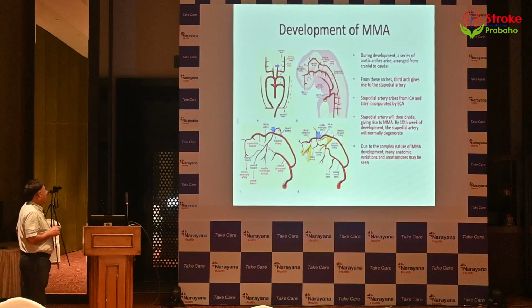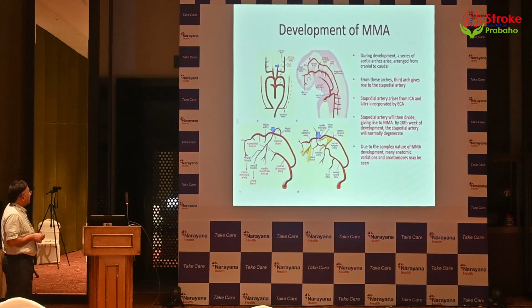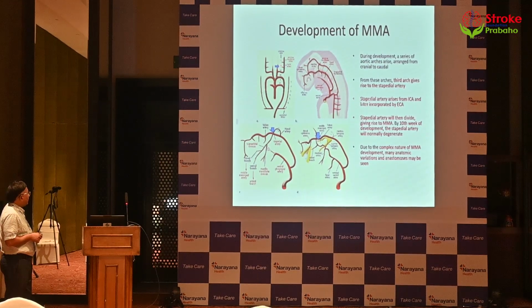I will show only one slide on the embryology of the middle meningeal artery: usually it is the third arch which gives the stapedial artery, and this stapedial artery initially arises from the internal carotid artery.